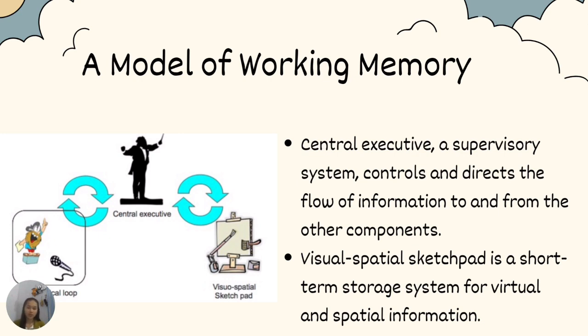So, what are the tools that the central executive can use? Well, one of these tools is referred to as the visuospatial sketchpad. It is the short-term storage system for visual and spatial information, and this is sort of a fancy way of saying a mental image that you create in your mind.